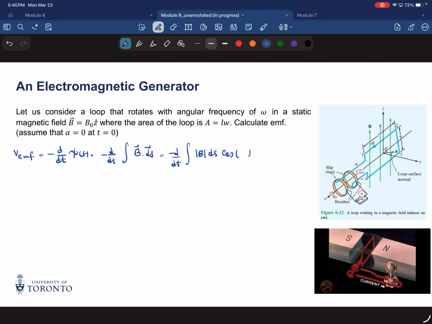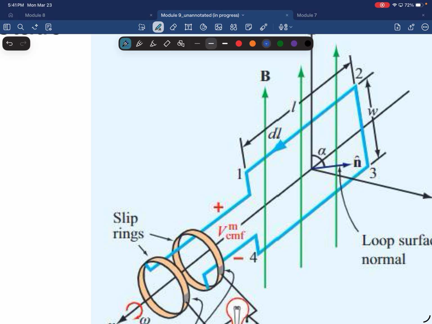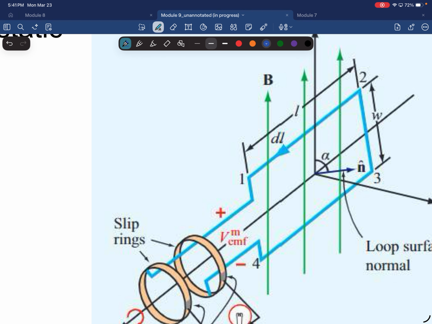Here, it says the loop is rotating by the angular frequency of omega in a static magnetic field. That means the amplitude of B is not changing. The loop also, the area of it is not changing either. It's always looking like a rectangular loop. The only thing that is changing is the angle between B and the normal vector to the area.